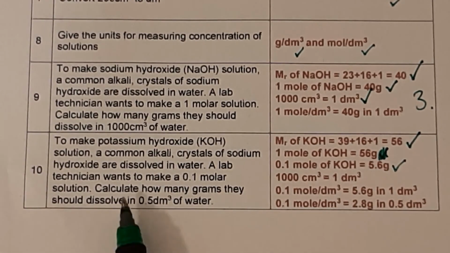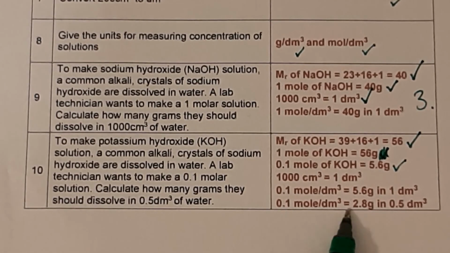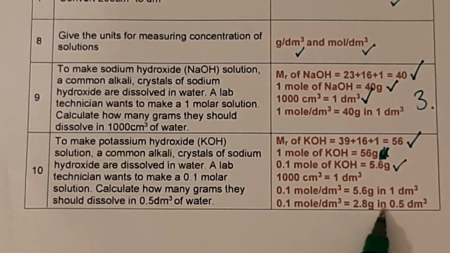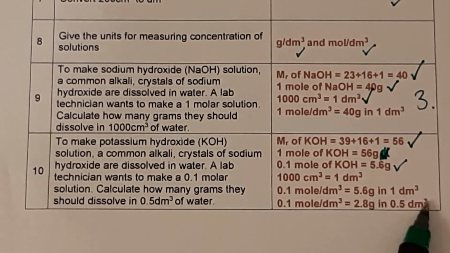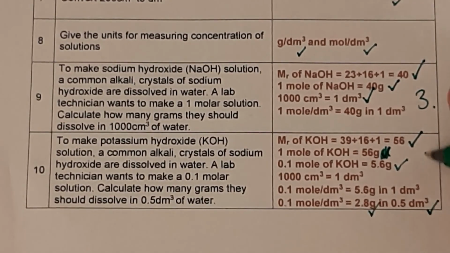However, we only have half a decameter cubed of water, so a 0.1 mole per decameter cubed is going to require 2.8 grams, that's half the amount in half the volume. So you would need to write 2.8 grams and 0.5 decameter cubed for the answer. Okay, so this is out of 4 this time.